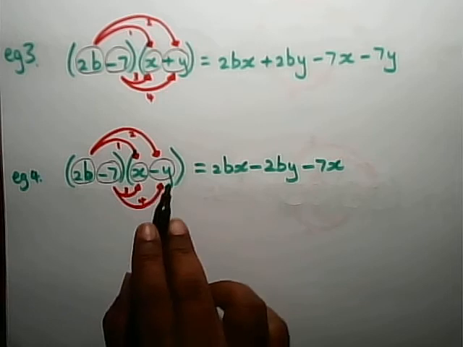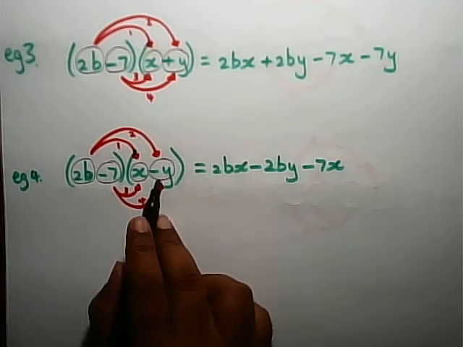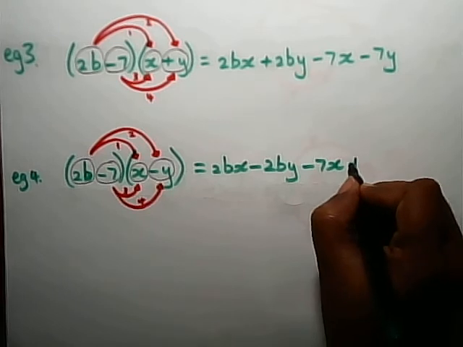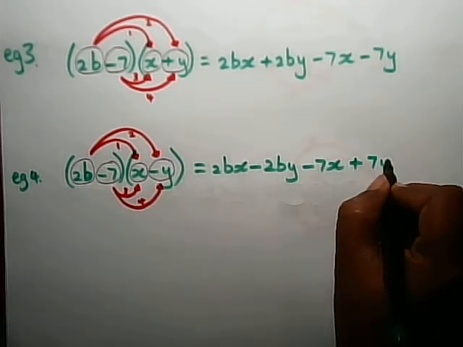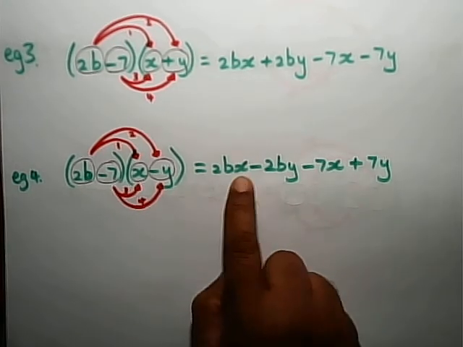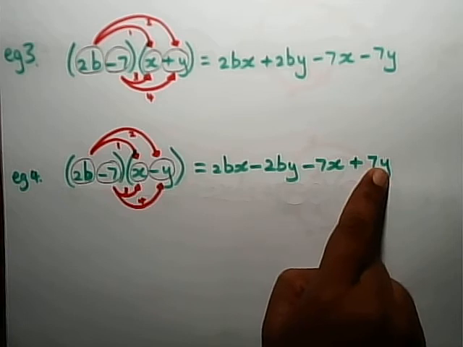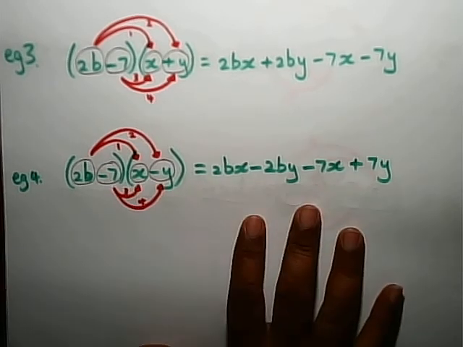Negative 7 times a negative y. That same sign gives you a positive answer, a positive 7y. That's your answer. Look at the letters bx, by, x, y. No like terms, so you can't add up anything further. You finish that right there.